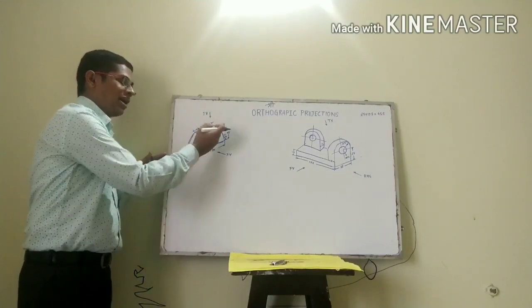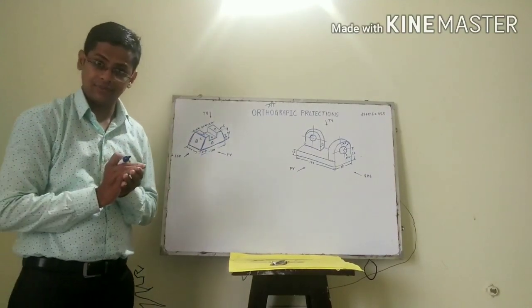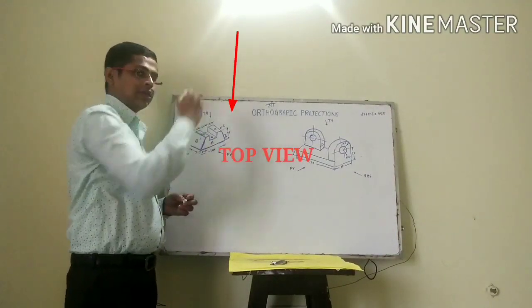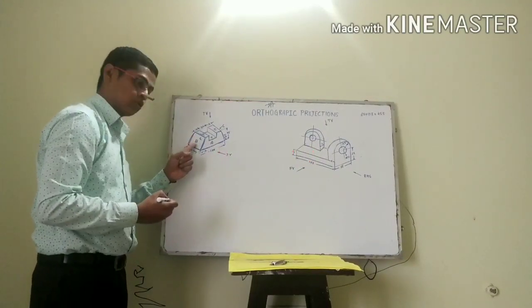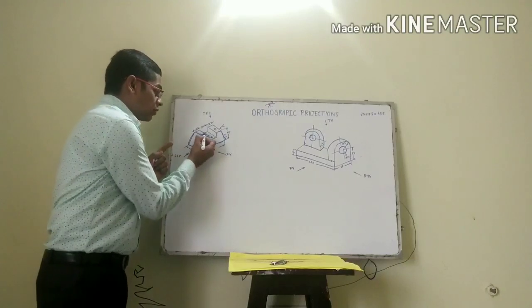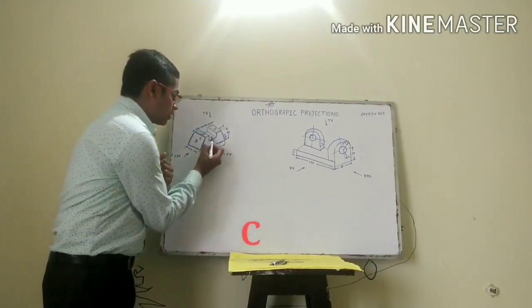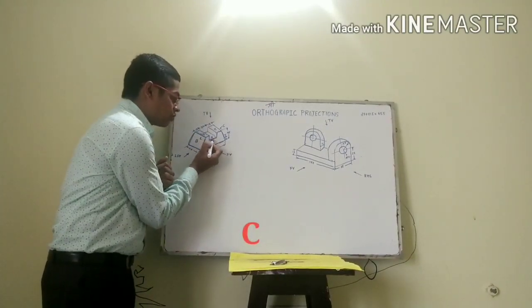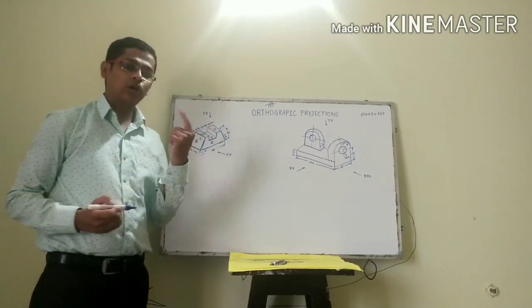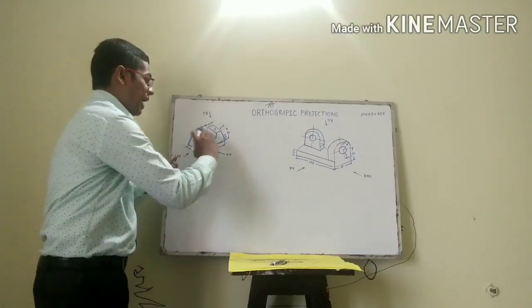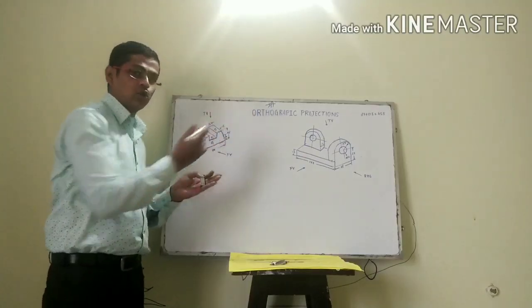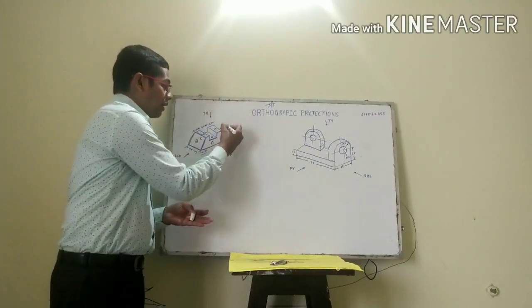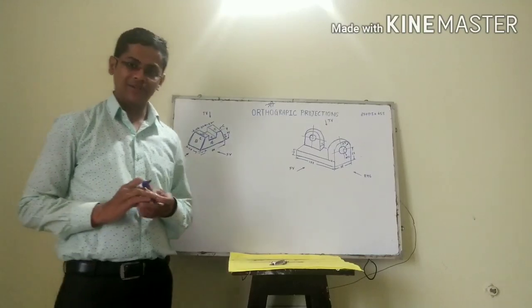Other than that, nothing is visible. If you see from the top, this inclined face is visible, which is also a face called B. This top face is visible, this depth C face is visible, this again one more top face is visible, and that side also, similar to B, one inclined surface is there, so that surface is also visible.